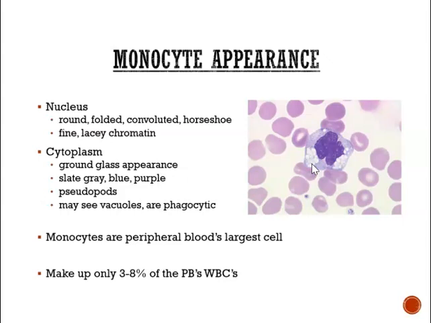Monocytes in the peripheral blood are the largest of your white blood cells. You see, in comparison to these normal shaped red blood cells, how big this guy is. They're also going to be irregular in shape overall as far as the edge of their cell membrane. They only make up about 3 to 8% of your white blood cells in your peripheral blood.